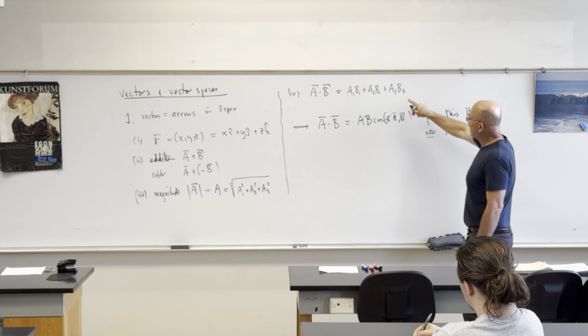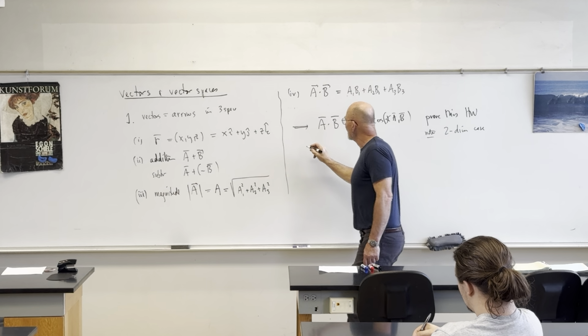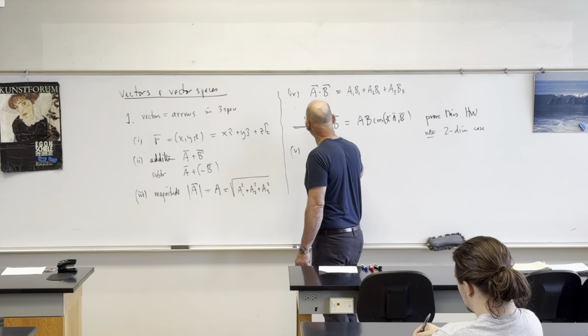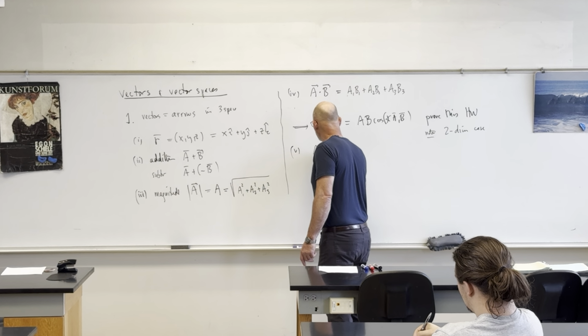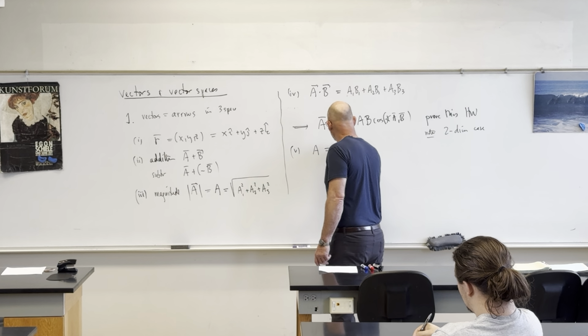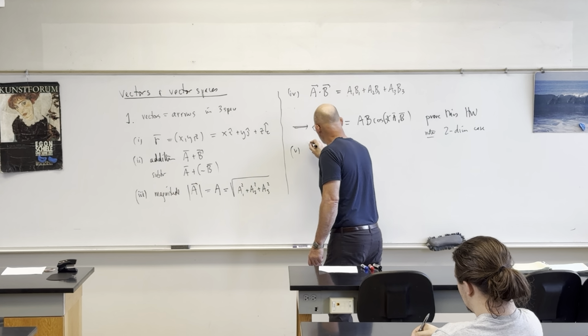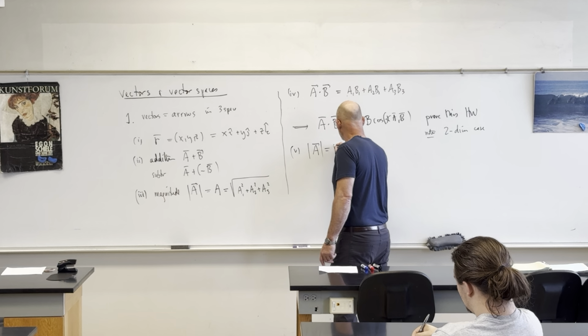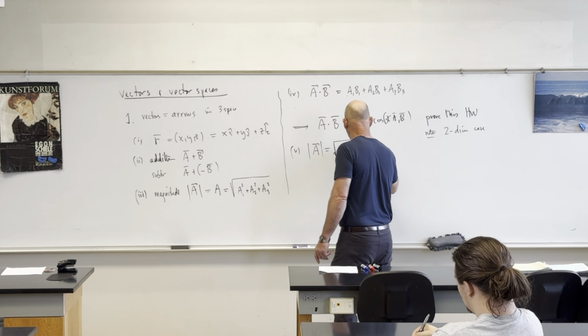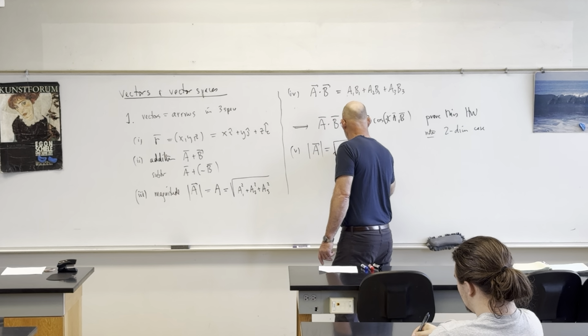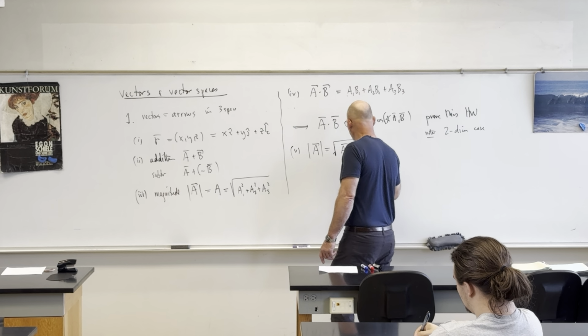So yeah, once you have this, then you can have the magnitude of A as the square root of the vector dotted into itself. I'll actually have to put the magnitude signs here.